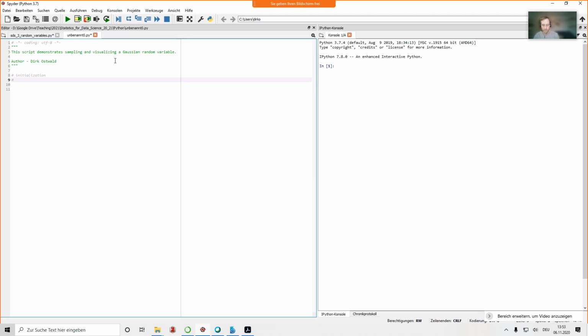So what I usually do is that I import some general utilities to save stuff and have nice path properties. I import this OS, operating system functionality.